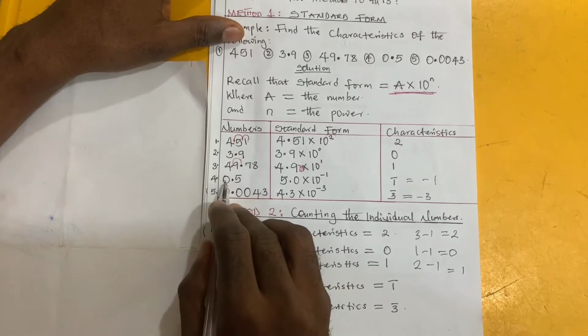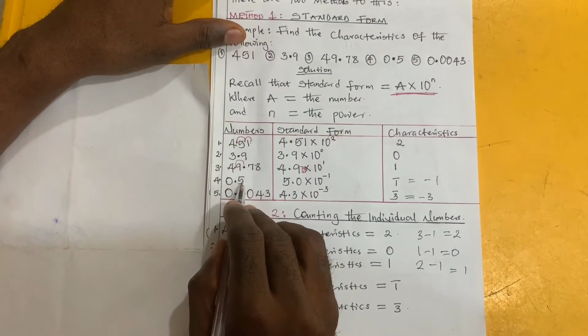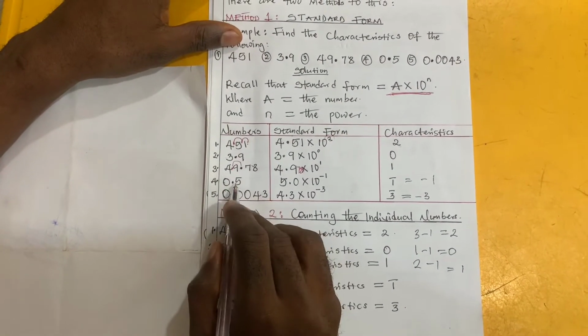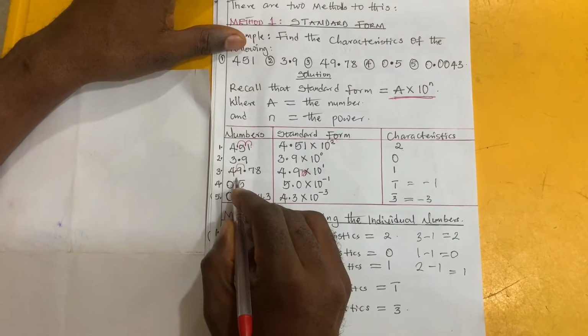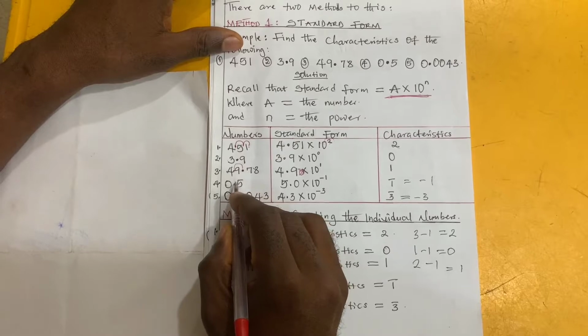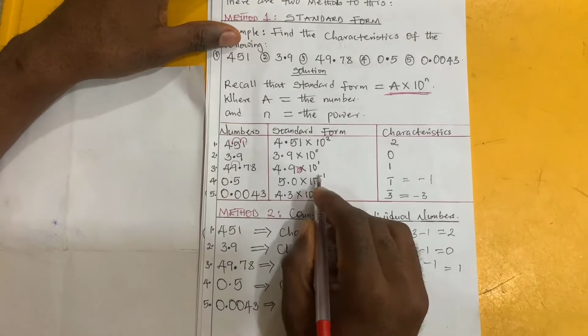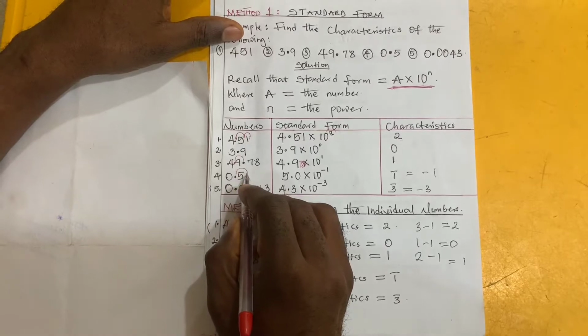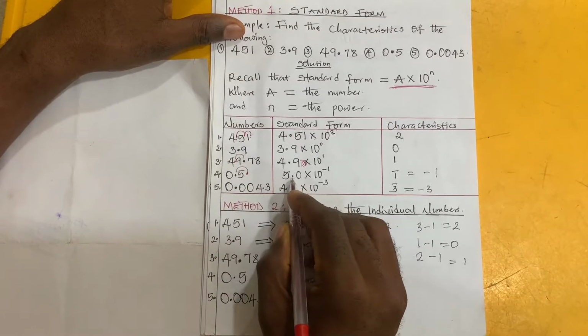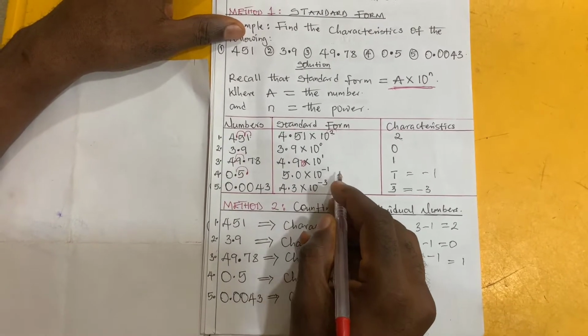Now in this case, where we have 0 before the real number, that is 5 here, the point is moved from the left to the right. So the sign here is now what? Negative. And it's moved just once, and we have 5.0 times 10 to the power of minus 1.